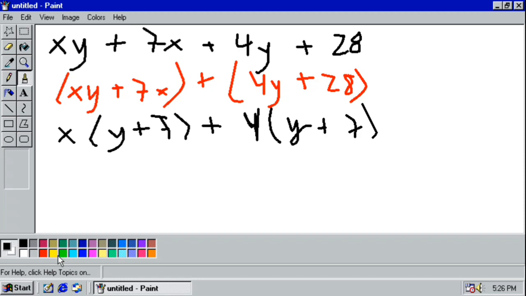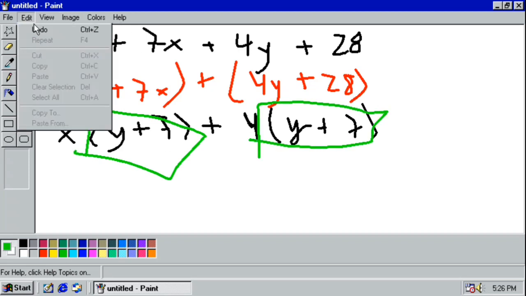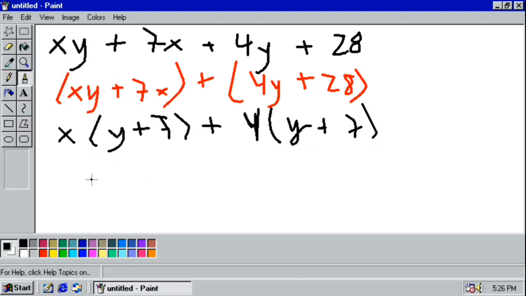As you can see here, we have a common binomial, which is y plus 7. So we're going to put it in a separate parentheses.